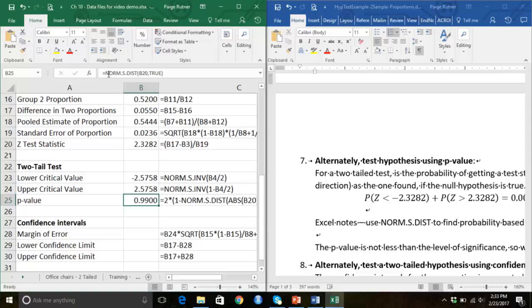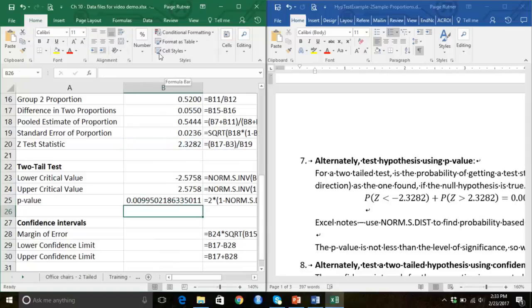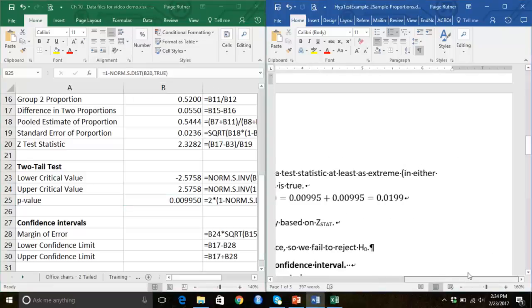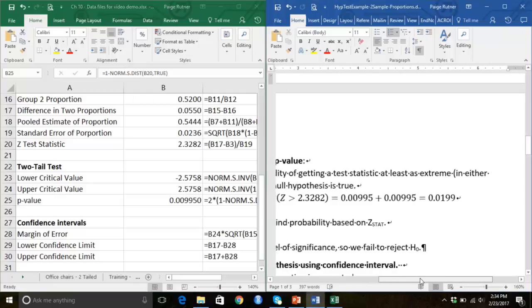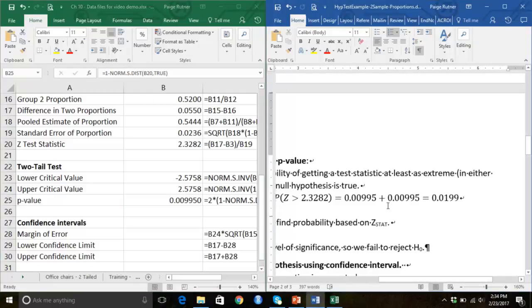So the first thing I'm going to do is 1 minus, and that gives me a very small number with a lot of decimal places. I'm just going to adjust my formatting here because I don't want to look at all those decimal places. It gives me 0.00995, which was the number that I had written on the document here. Sorry for the jumping back and forth, 0.00995.